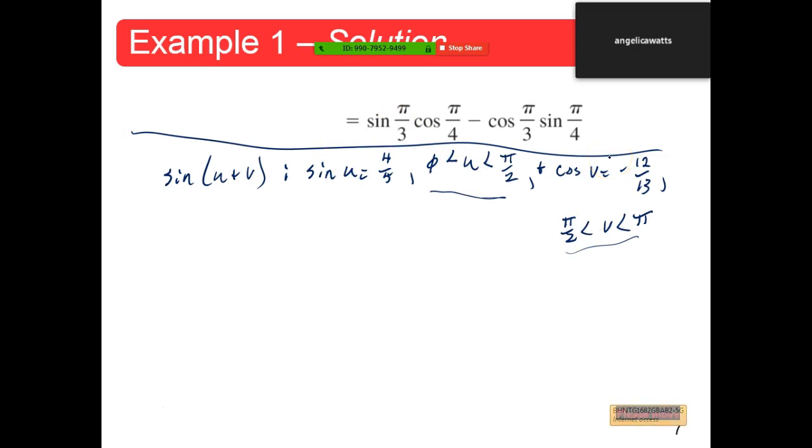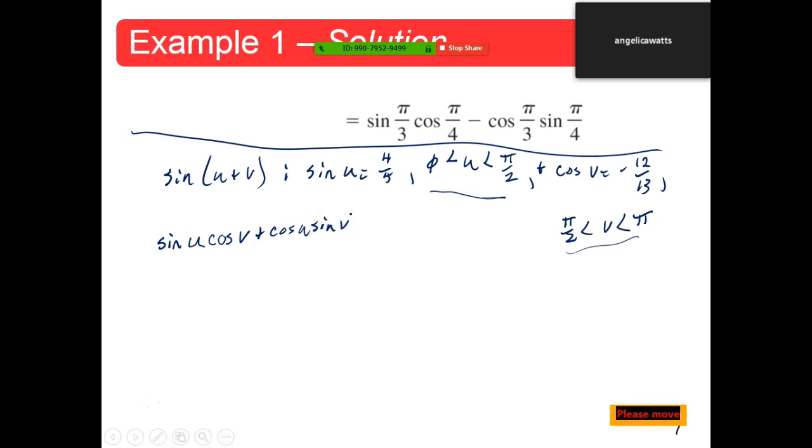So we can go from here, and then you tell me what your sum angle formula is for the sine. Sine of u plus v is the same as sine u cosine v plus cosine u sine v.